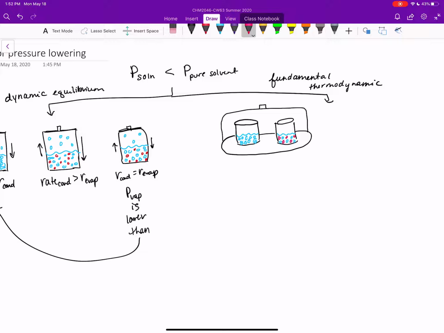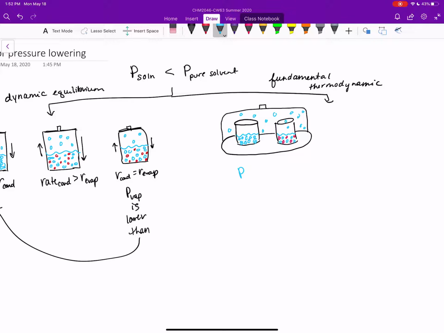And what happens, so you put these in their enclosed container, and then the pure solvent starts to evaporate, right? We're trying to reach dynamic equilibrium. This has some vapor pressure, and so the vapor pressure in the container starts to exceed the vapor pressure of the solution.